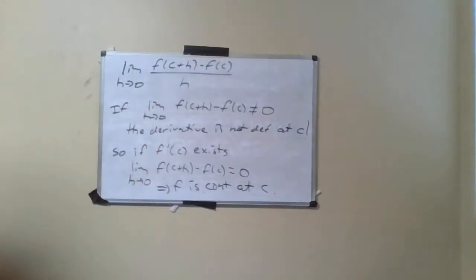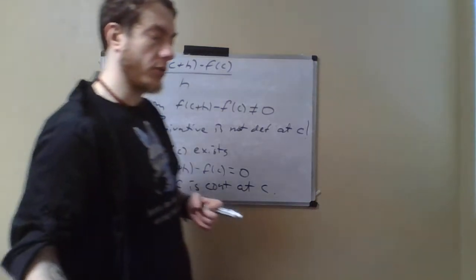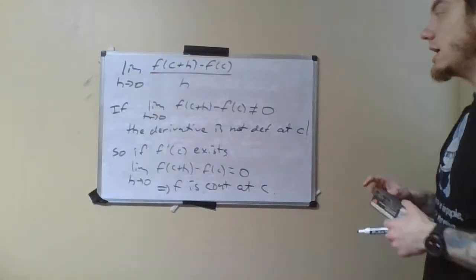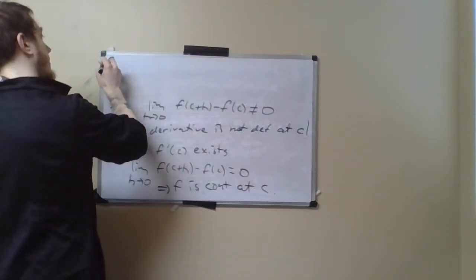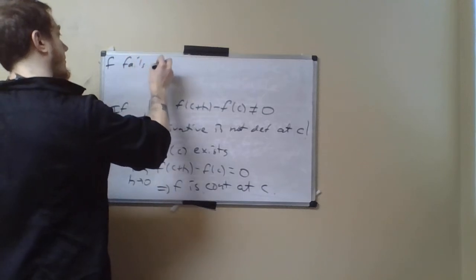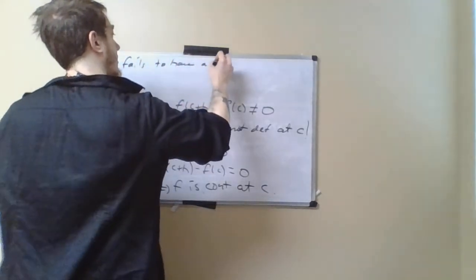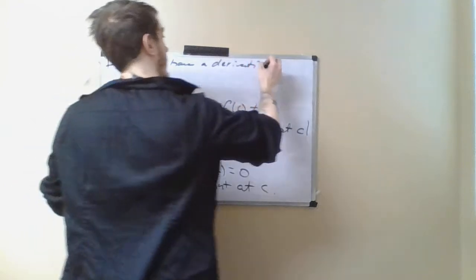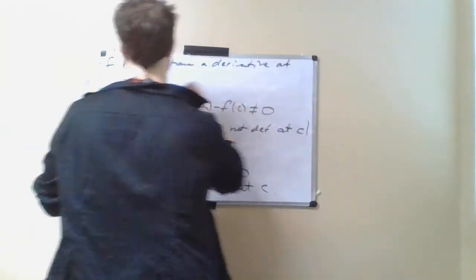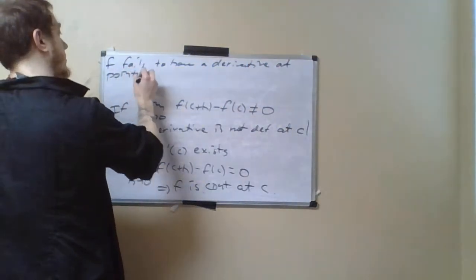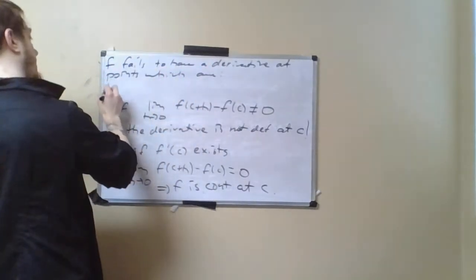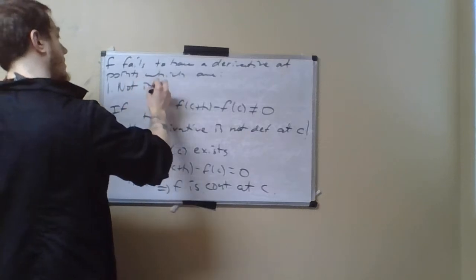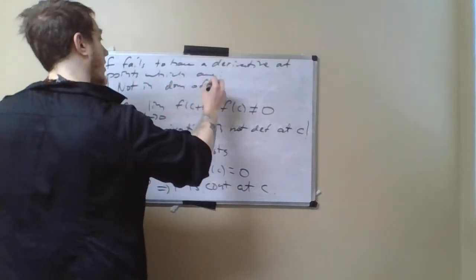There's other things that can go wrong, however. So far, what we've seen that could go wrong is we can fail to be differentiable, or fail to have a derivative at points which are, first of all, not in the domain of f.